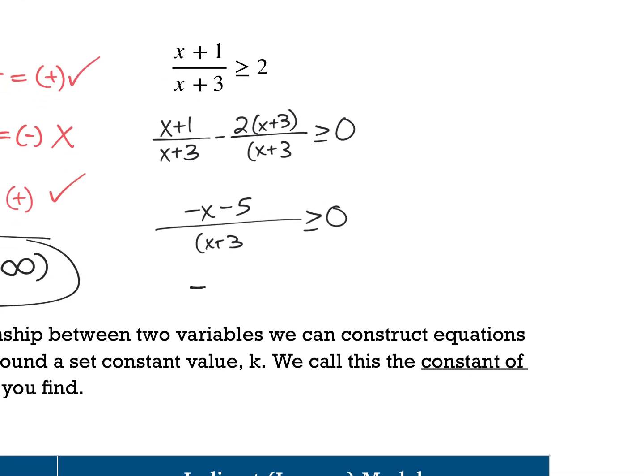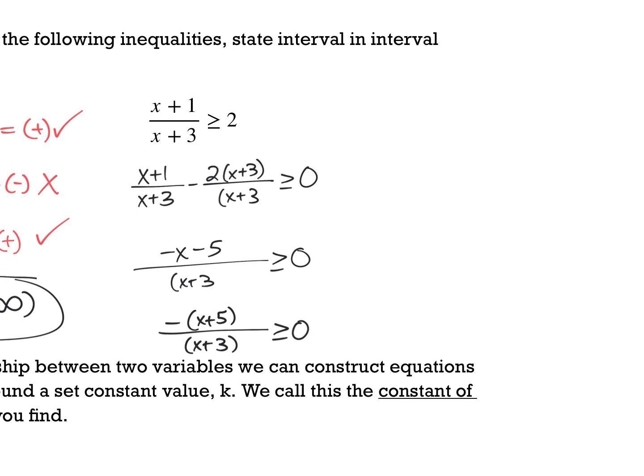I would also recommend factoring a negative. It just makes the numerator a little bit easier to deal with as far as finding the zeros. You don't have to, but that's just a personal preference of mine. All right, we're going to now set up our test intervals, and we are almost there. We know that we're going to test x equals -10, x equals -4, and x equals 0.